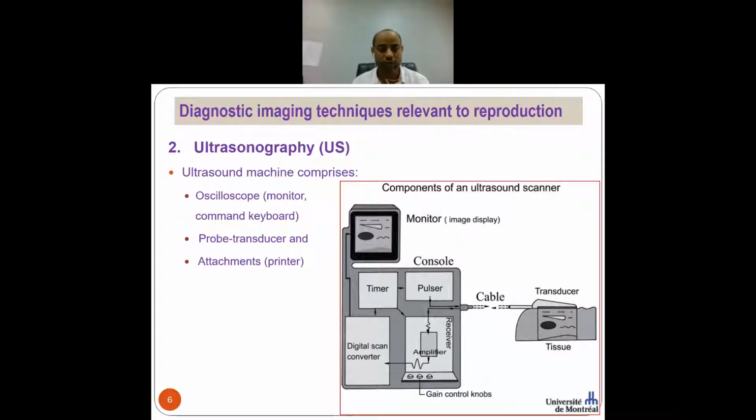I'm sure you know this because you have seen it last week. And then the other component is the probe, the ultrasound probe, or we call it the transducer. And the rest is the accessories or attachments, including the printer, your electrical source, the battery, and so forth.